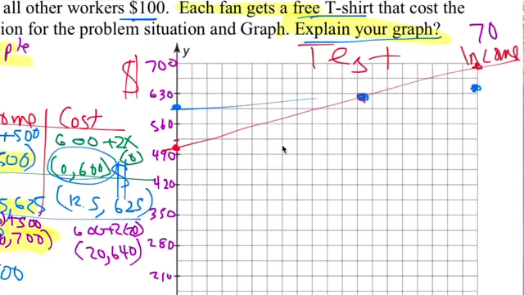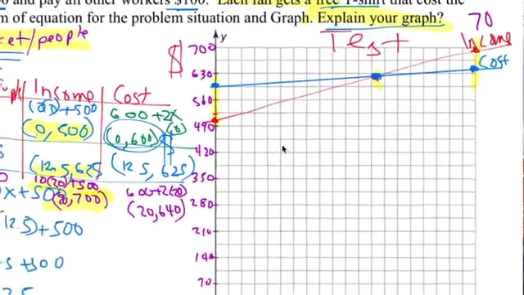And then notice one thing is these line up. This is in the middle and that line up, okay? And you need to label this cost. Explain the graph.